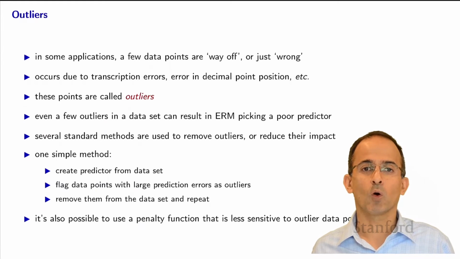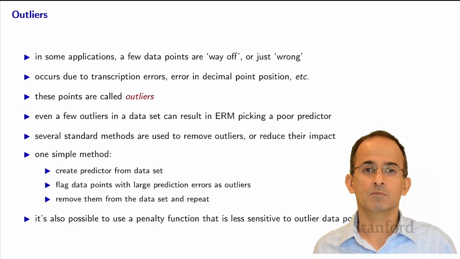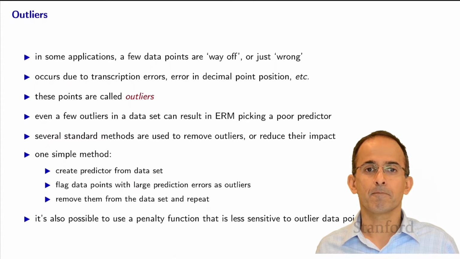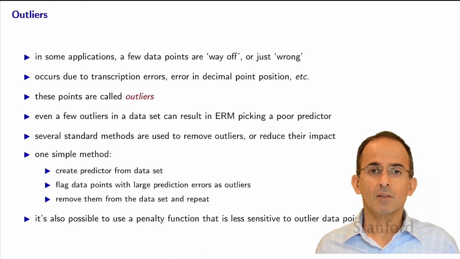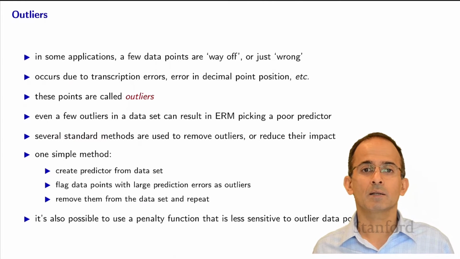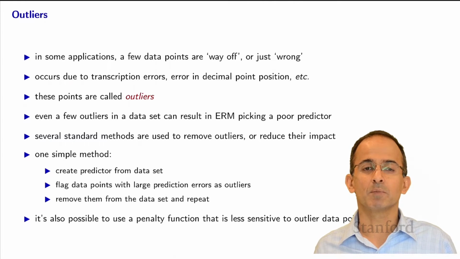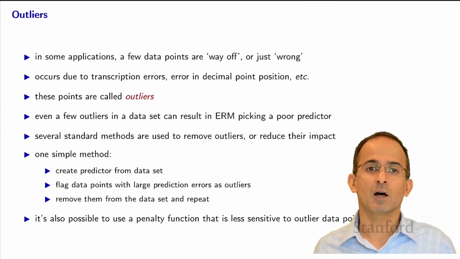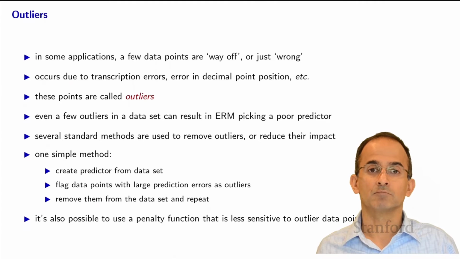If you've still got poor prediction, so a large empirical risk, go through and do it again. This method can work well. It's not easy to implement because one has to decide what it means to have a large prediction error. And it's certainly possible to choose that poorly and not be aware of that.